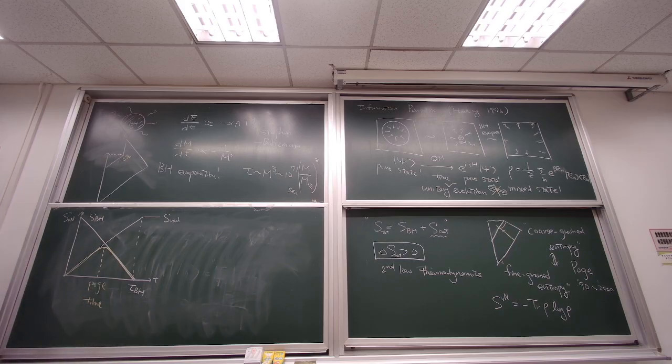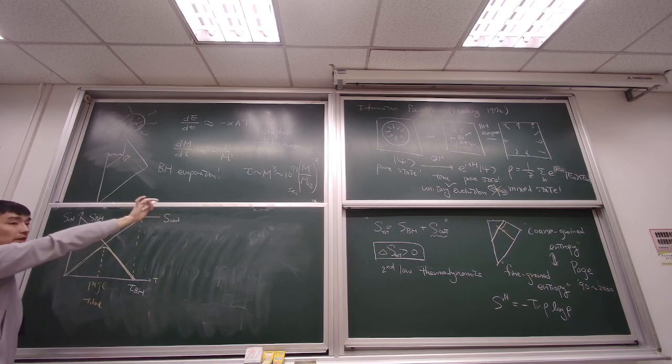So I will explain why this has to be the case. The Hawking calculation of this S radiation keeps growing until the black hole evaporates. After it evaporates, it just becomes constant.